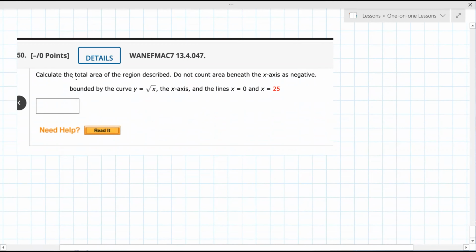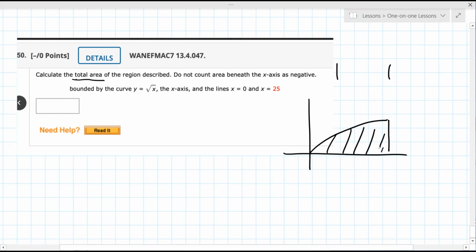So total area means, and it says do not count the area below the x-axis as negative. That means you'd use the absolute value if you're using your calculator, but it doesn't matter in this problem. The graph of this problem from 0 to 25 just looks like that. So all the area is positive.